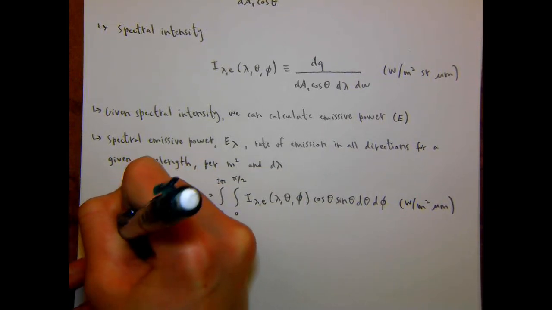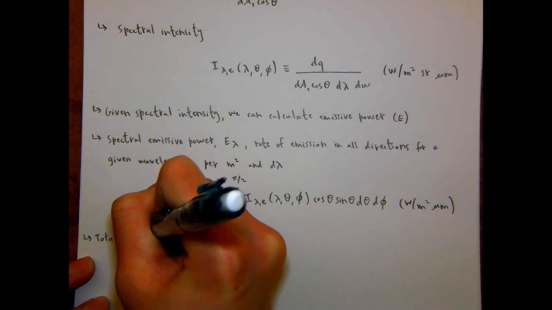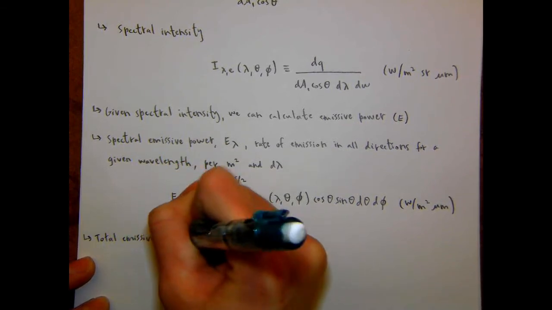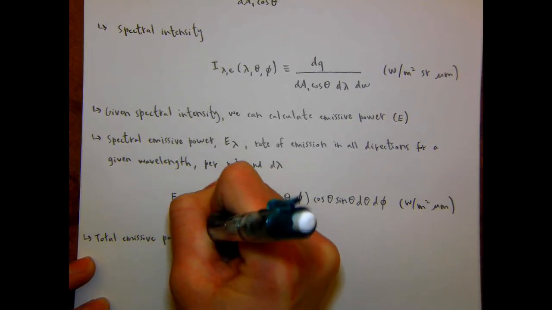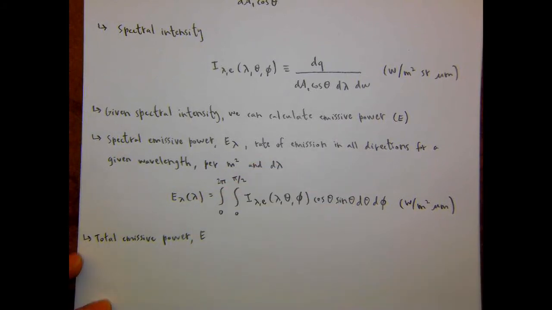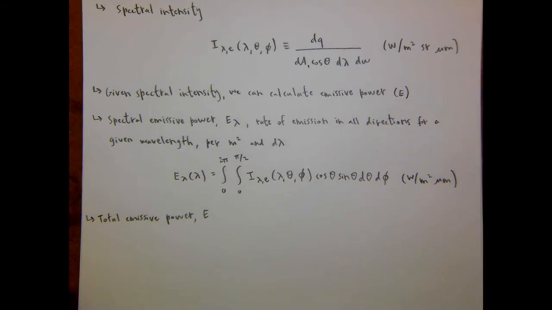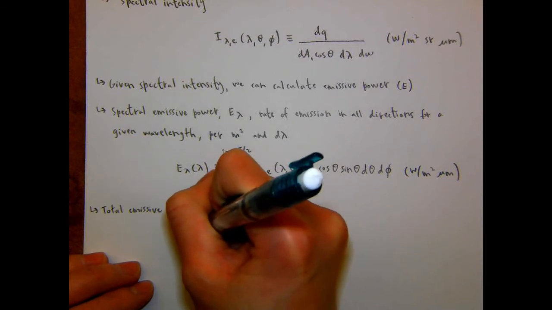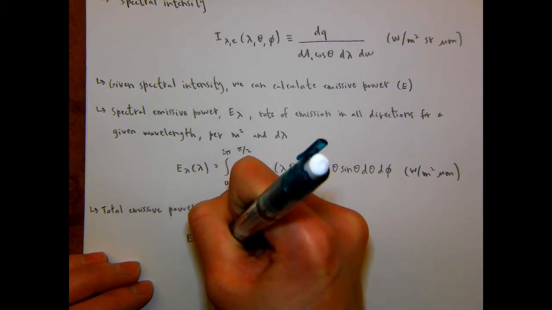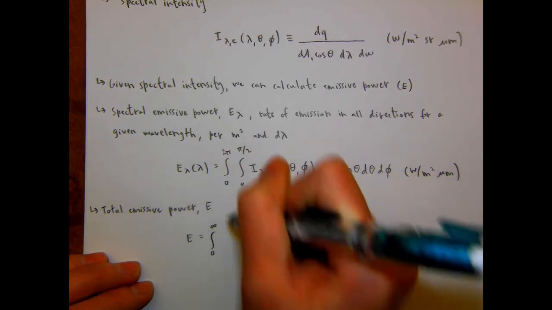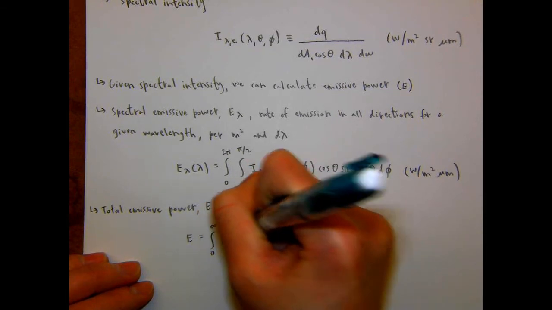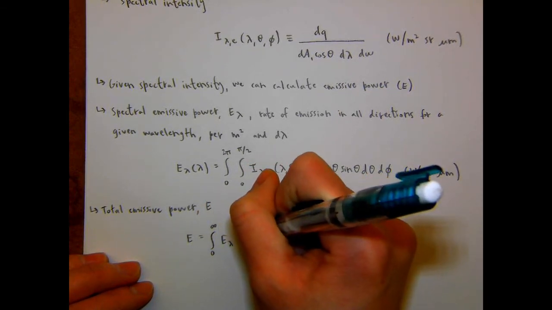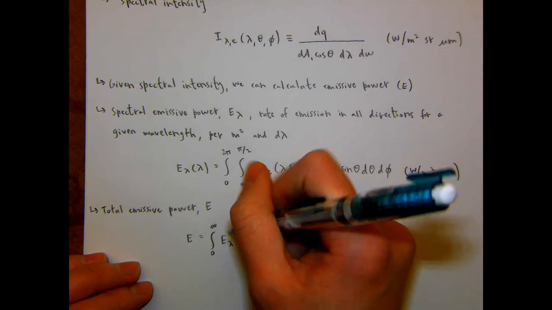All right, so the next thing we're going to do, you can probably guess, total emissive power. So we integrated up over all of the directions, and now we're going to also integrate up over the wavelengths. So integrating from 0 to infinity of the spectral emissive power.